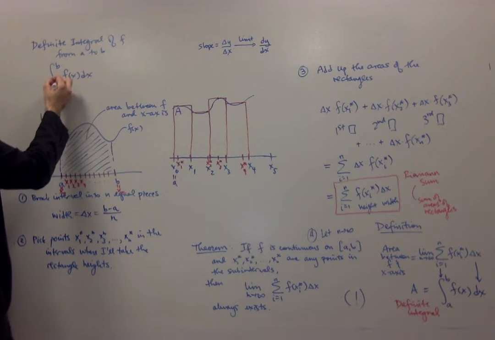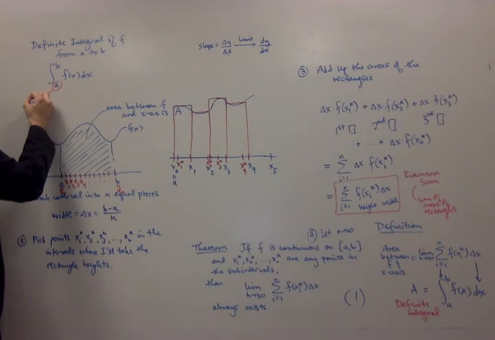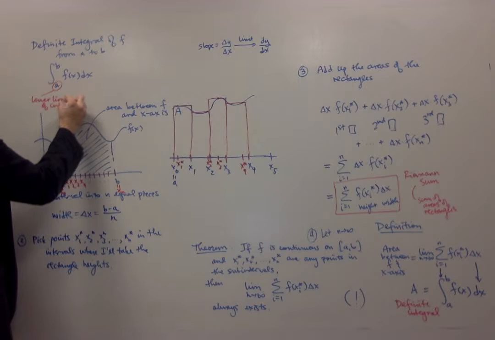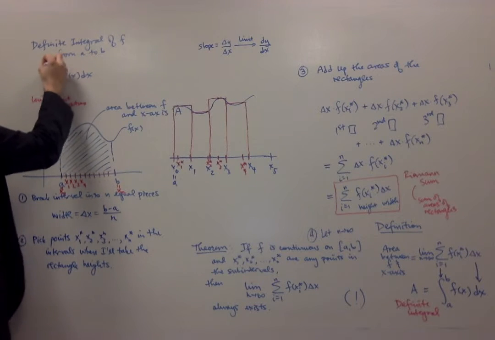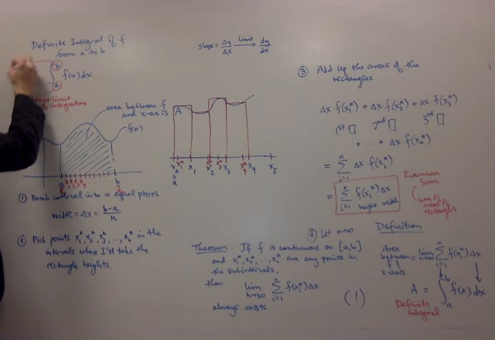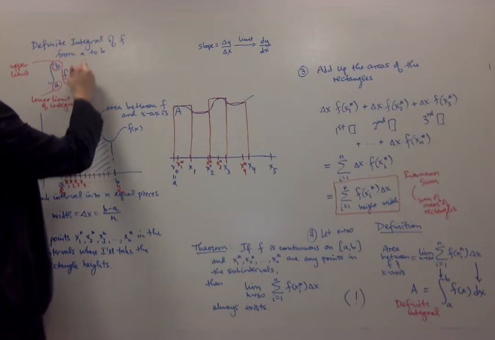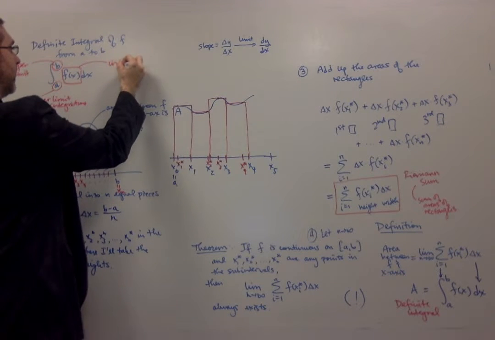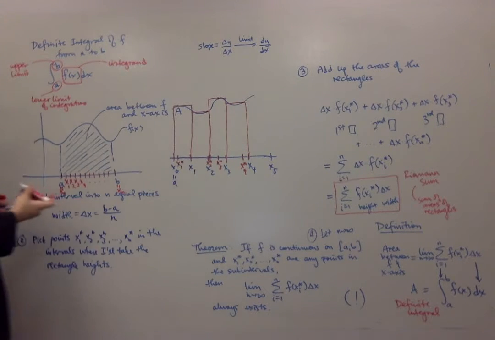The a is known as the lower limit of integration. The b is known as the upper limit. And then the thing inside, the height, is known as the integrand. Okay.